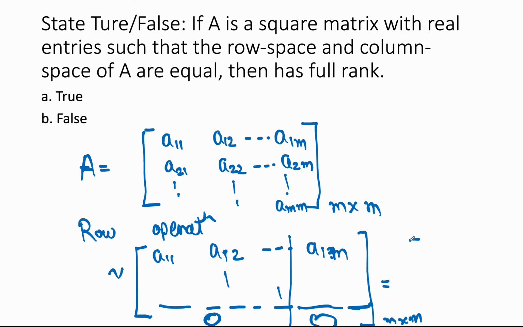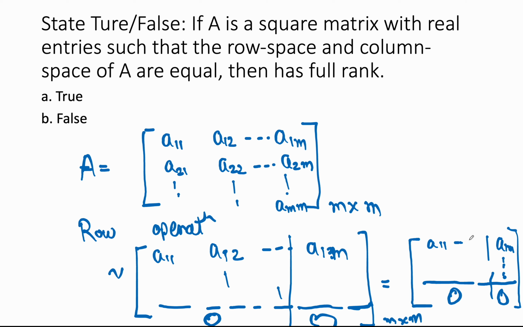This will be A1m. There will be non-zero elements here. This is 0, this is 0, and the last element will be A. This will be r.